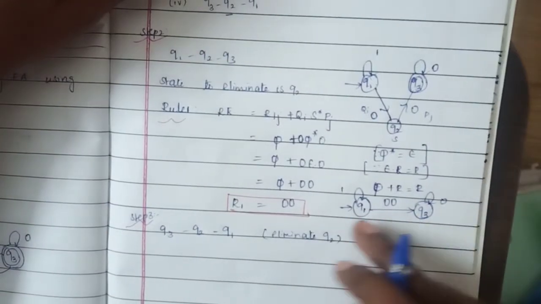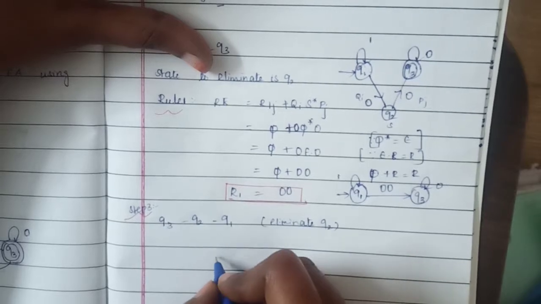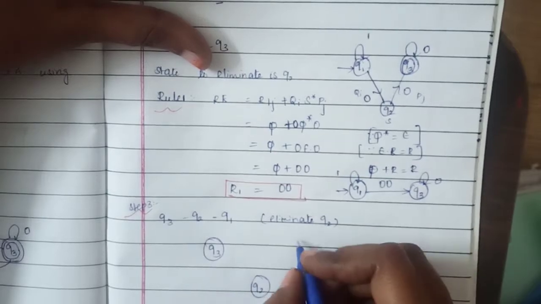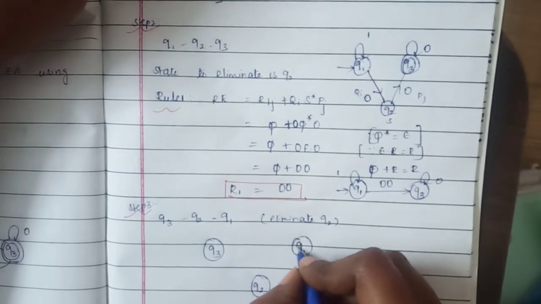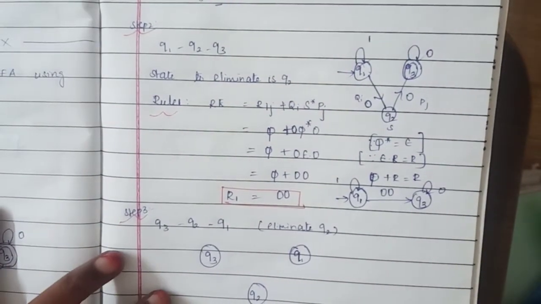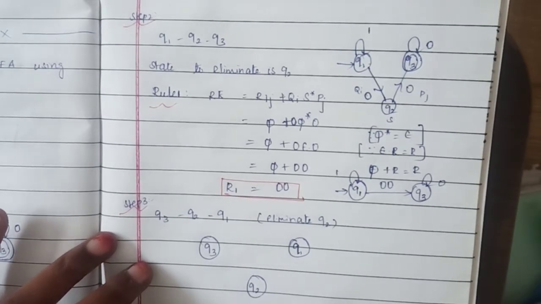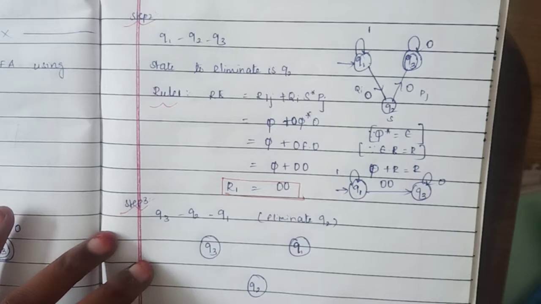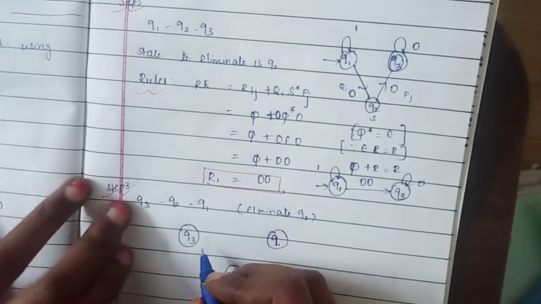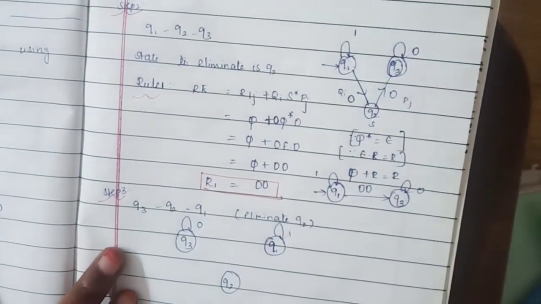I forgot to draw this, that's why I'm drawing it here. After this, again we have to follow this: Q3, Q2 and Q1. For this one, this is 0 and this is 1 actually.